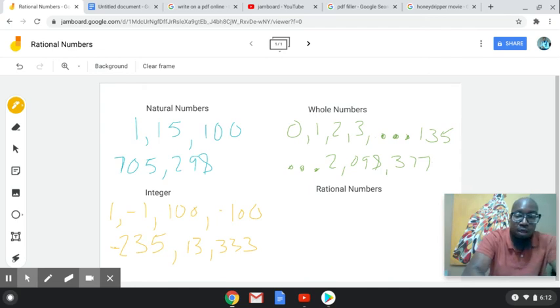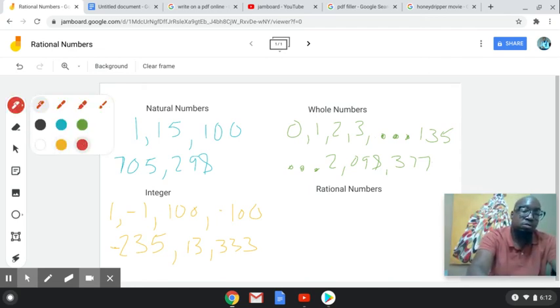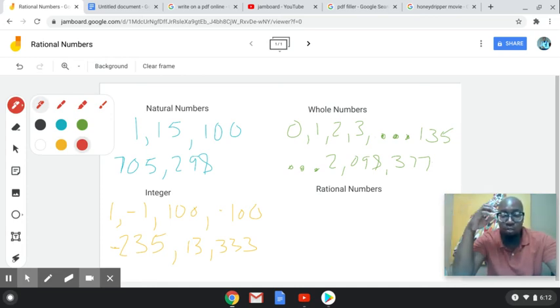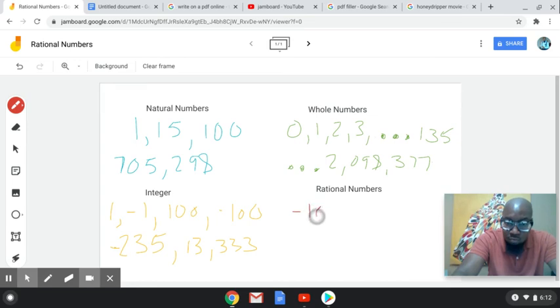Now we also have what is called the rational numbers. And rational numbers are really just fractions. So they would be numbers such as, you can use the integers too, or the whole numbers too. So for instance, if I take negative 100, I can write that as negative 100 over 1.